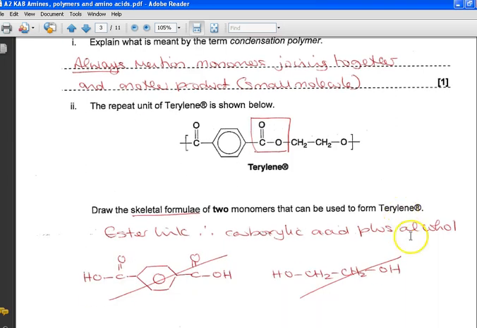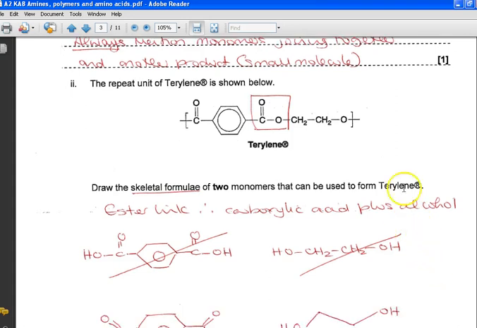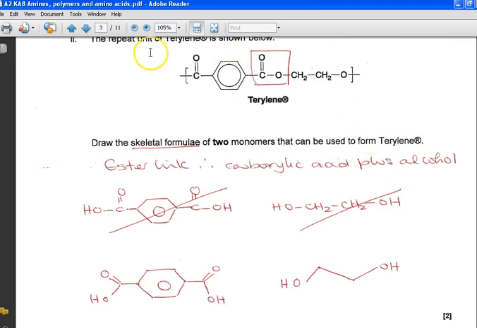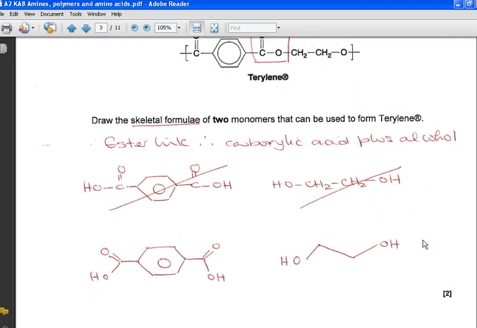Okay, you're given a repeat unit of a condensation polymer that has got an ester link here. So you're asked to draw the skeletal formula of 2 monomers that can be used. So you need to break this up into the 2 monomers that actually gave you that repeat unit. And you're asked for the skeletal formula.